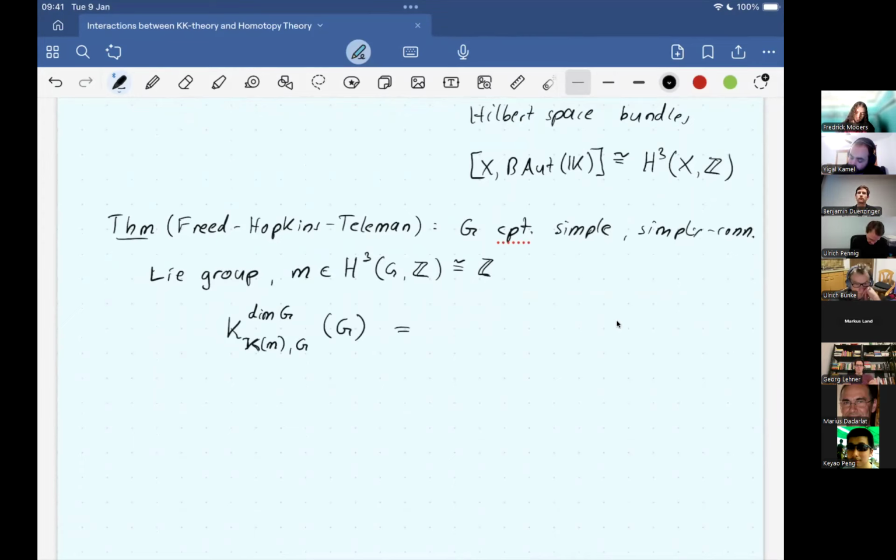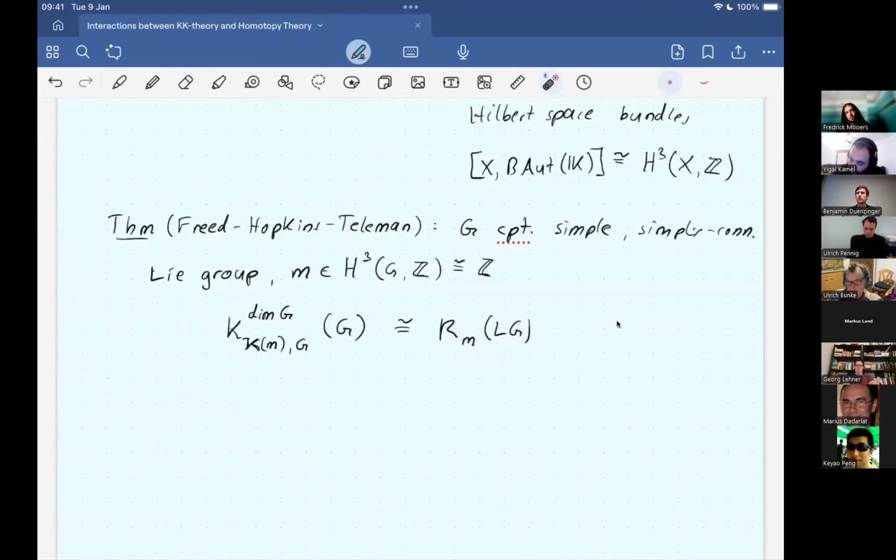And the other side is the so-called Verlinde ring. Oops, that should be an m. So there's a representation theory which you can do for the associated loop group, which is a projective representation theory, and it depends on the level. That's this m here. And then you have this isomorphism here.